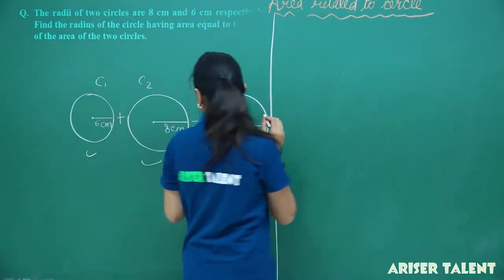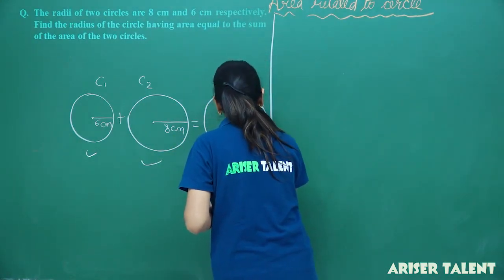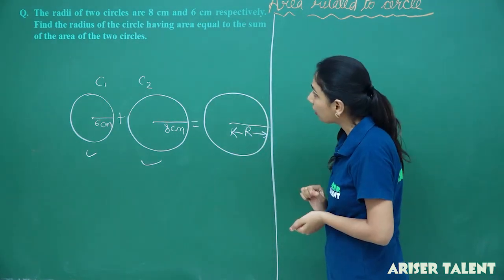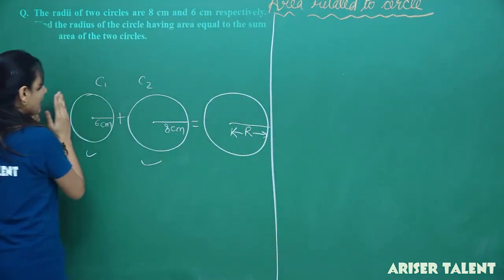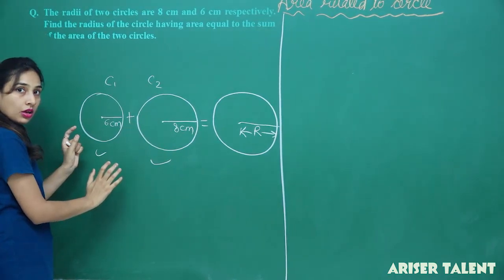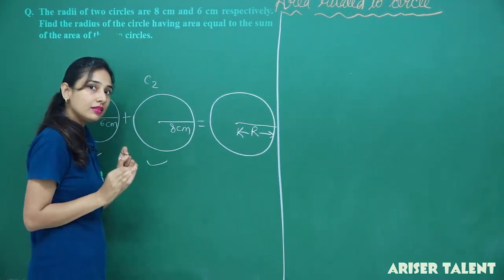Okay, so this radius, I will suppose as capital R, is to be found. Right? Okay. So, I'll be finding the summation, and that will be equal to this. So, I can easily find out the radius here.